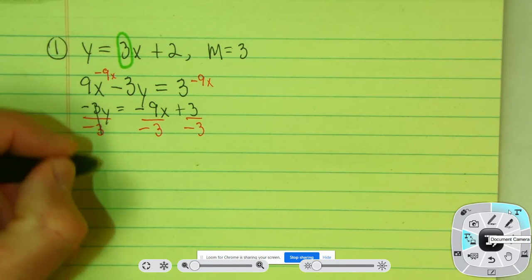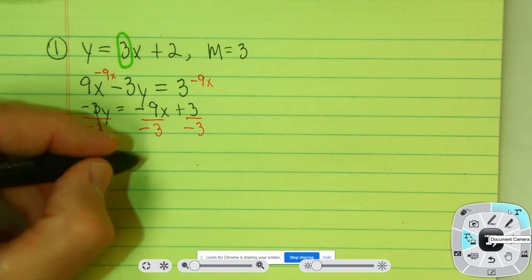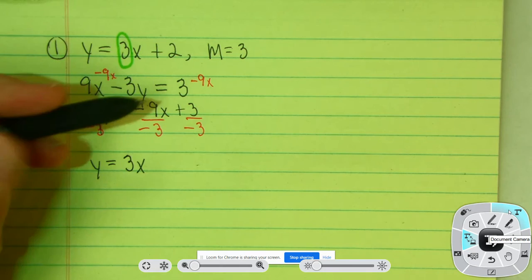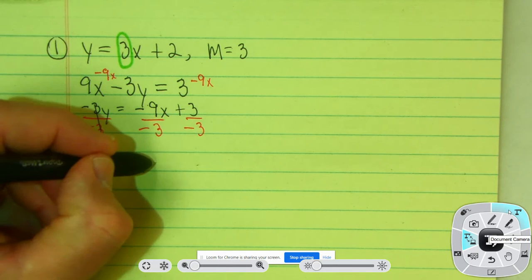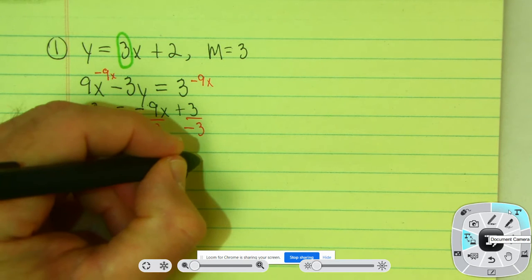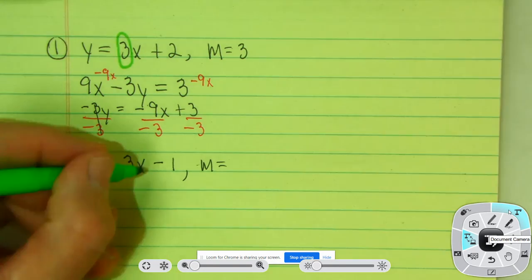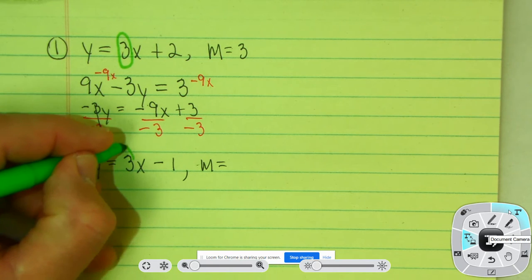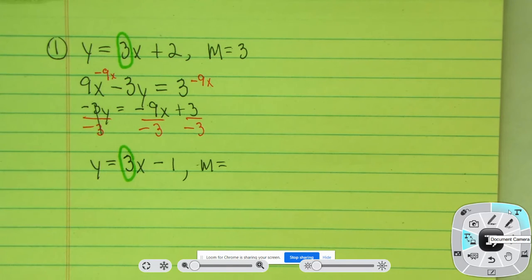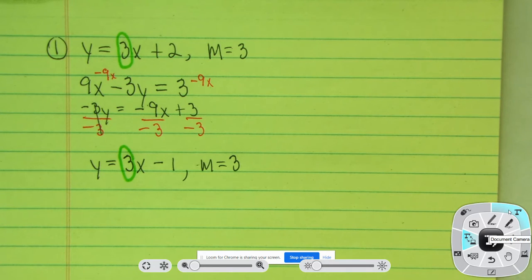Those cancel. I'll be left with y is equal to negative 9 divided by negative 3, which is a positive 3, x, positive 3 divided by negative 3, negative 1. Here, I can look at the coefficient of x and determine that my slope 2 is 3. My slope is also 3.